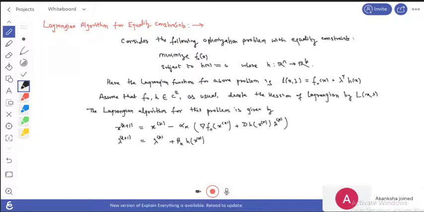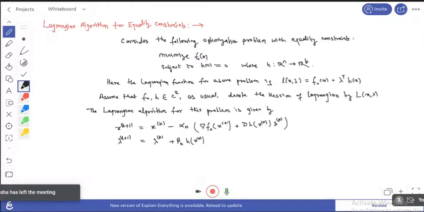Okay, so here we use only the gradient term. This is the only gradient term here.